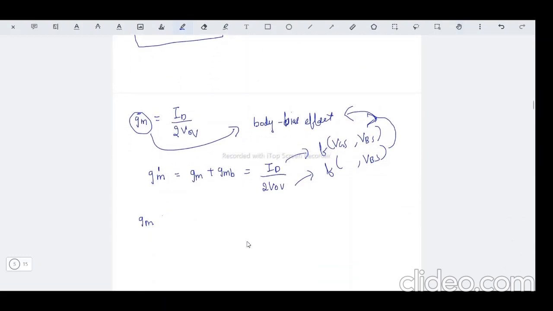So gm is given by mu n Cox W by L into VGS minus VT. We know that W is not given in the question, so we cannot use this equation.